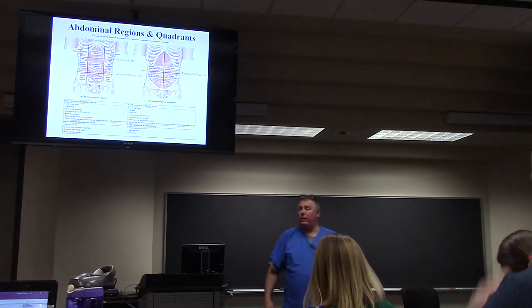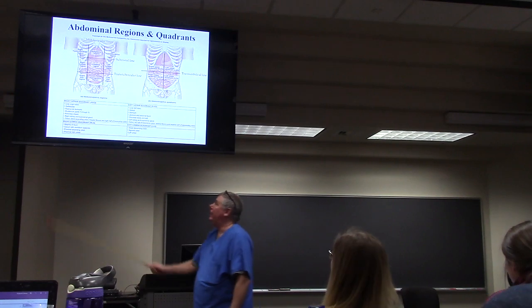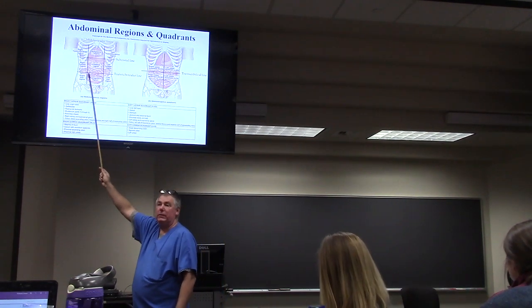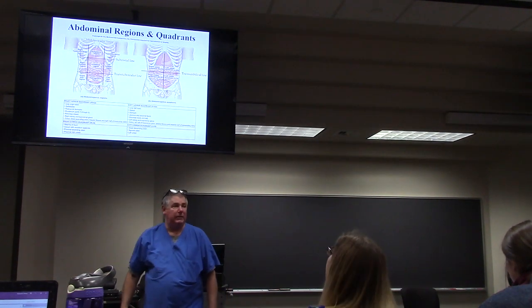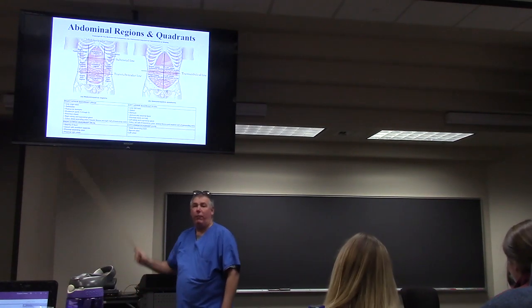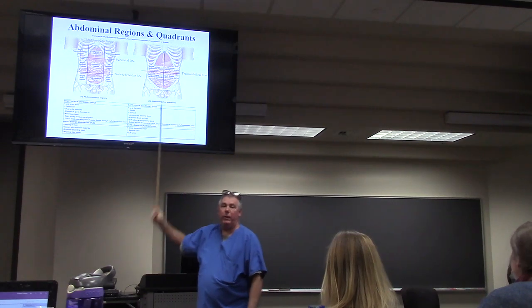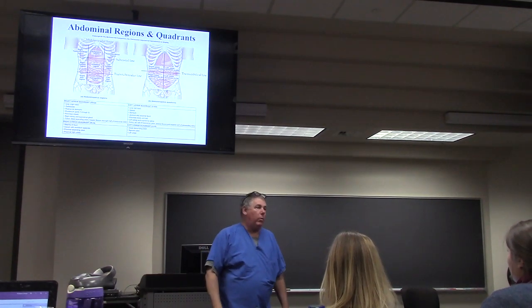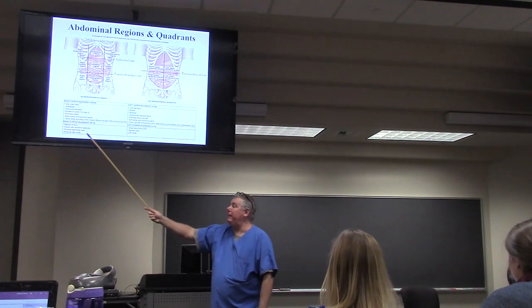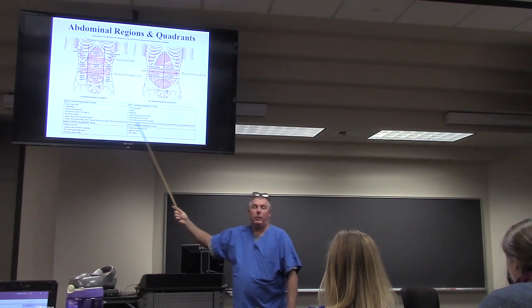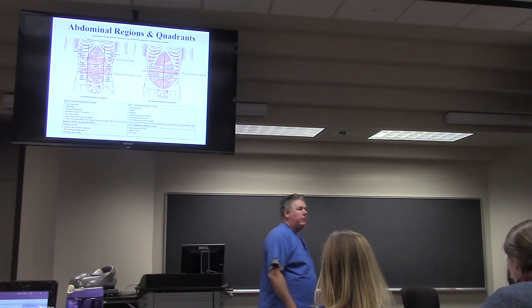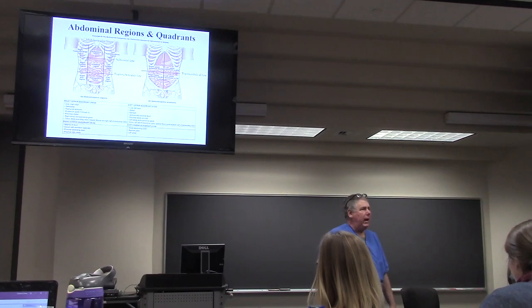Anatomists like to divide the abdomen into 9 different sections, but clinically no one does that. They're divided into 4. Right upper quadrant, left upper quadrant, right lower quadrant, left lower quadrant. You need to know what's in these quadrants in order to develop a differential diagnosis.